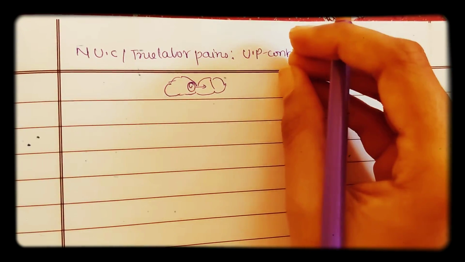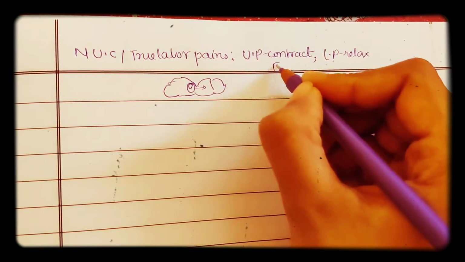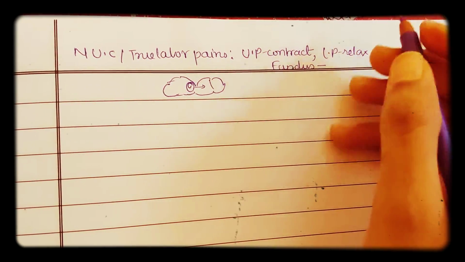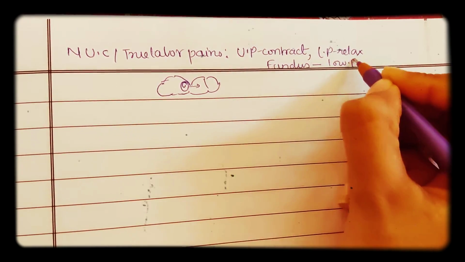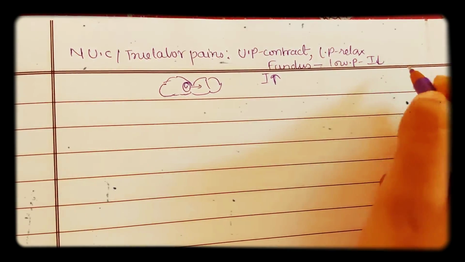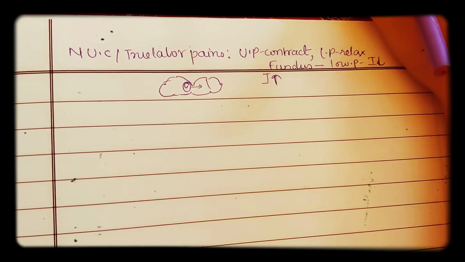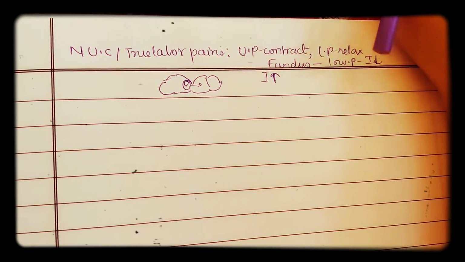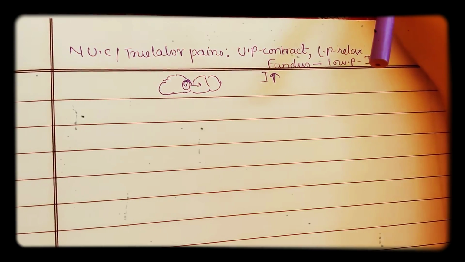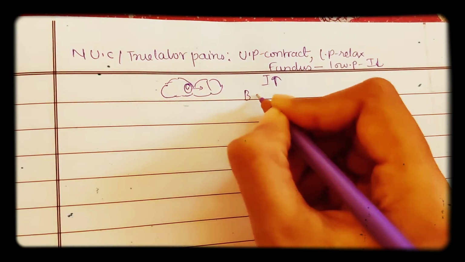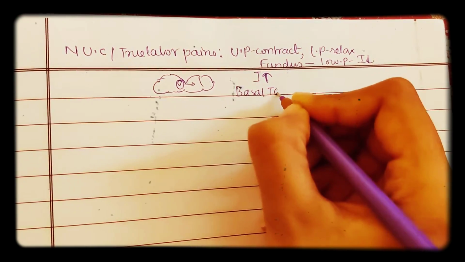Contraction spreads from the upper part to the lower part, that is from the fundus to the lower part. As it spreads, the intensity decreases, from high intensity in the upper part to low intensity below. Now, parameters of uterine contraction: the pressure during relaxation between the contractions is very important, and the basal tone of the uterus is also a very important point.